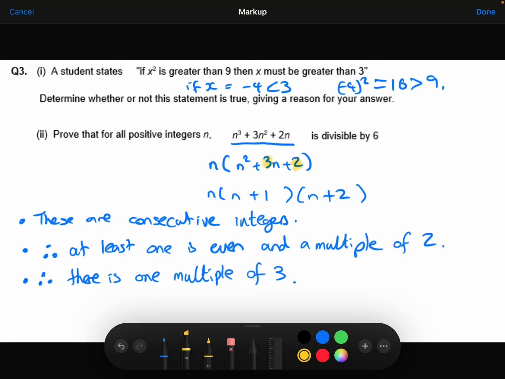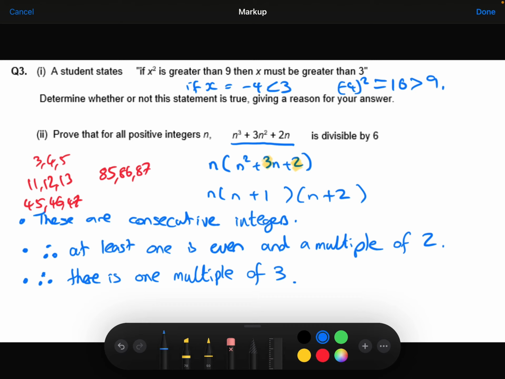If you think about any 3 consecutive numbers you can think of, whether it's 3, 4, 5, whether it's 11, 12, 13, whether it's 45, 46, 47, whether it's 85, 86, 87, whatever those 3 consecutive numbers are, one of them must be a multiple of 3, always.